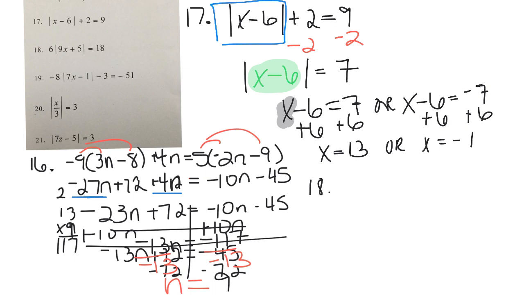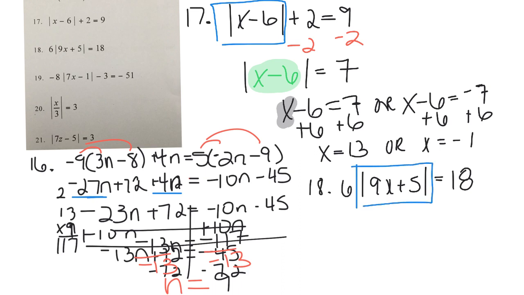Number 18, I have 6 times the absolute value of 9x plus 5 equals 18. Again, I need to make sure that I get this absolute value by itself before I can do anything with what's inside. So we're going to divide by 6, because this is multiplication, 6 times the absolute value. So we get the absolute value of 9x plus 5 equals 3.